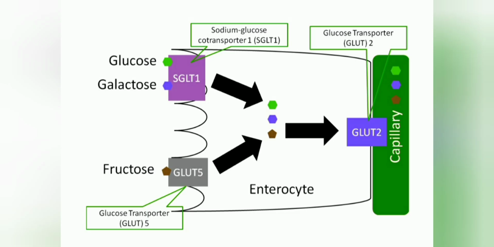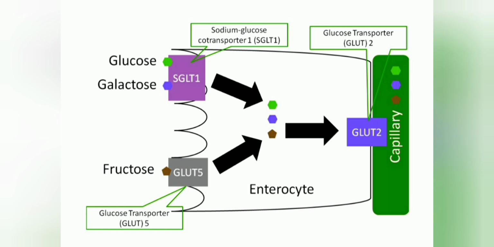Glucose and galactose are taken up by sodium glucose cotransporter 1, that is sodium dependent glucose transporter 1 or SGLT1, where active carrier transport is seen. It transports sodium along with glucose or galactose. And fructose is taken up by facilitated diffusion through GLUT5.